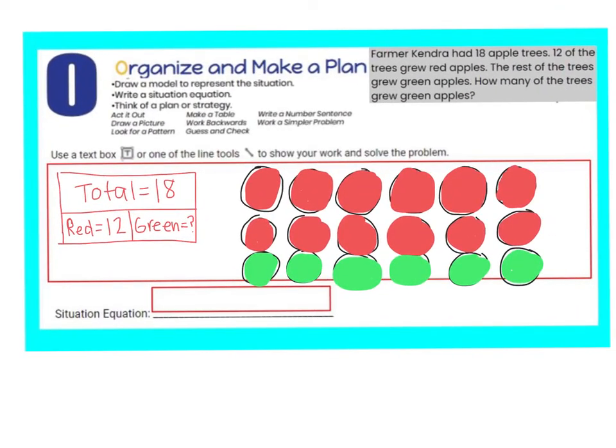So our situation equation is we started with 18, and we're going to need to take away 12 to get the number of green, okay? All right. So this is us organizing our information. Let's go to the next step.